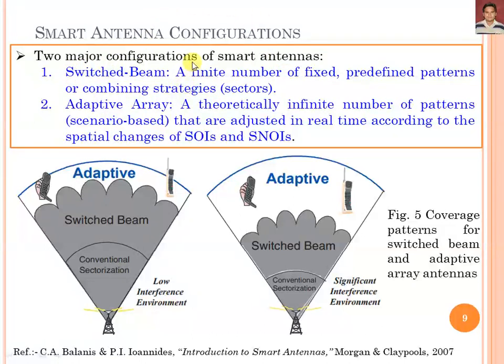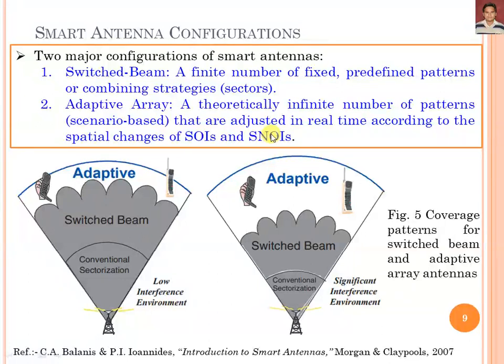First is the switched beam. In switched beam, a finite number of fixed, predefined patterns and combining strategies or sectors, we can say. But in the case of adaptive antenna configuration, a theoretically infinite number of patterns, scenario based, are adjusted in real time according to the spatial change of signal of interest and signal not of interest.